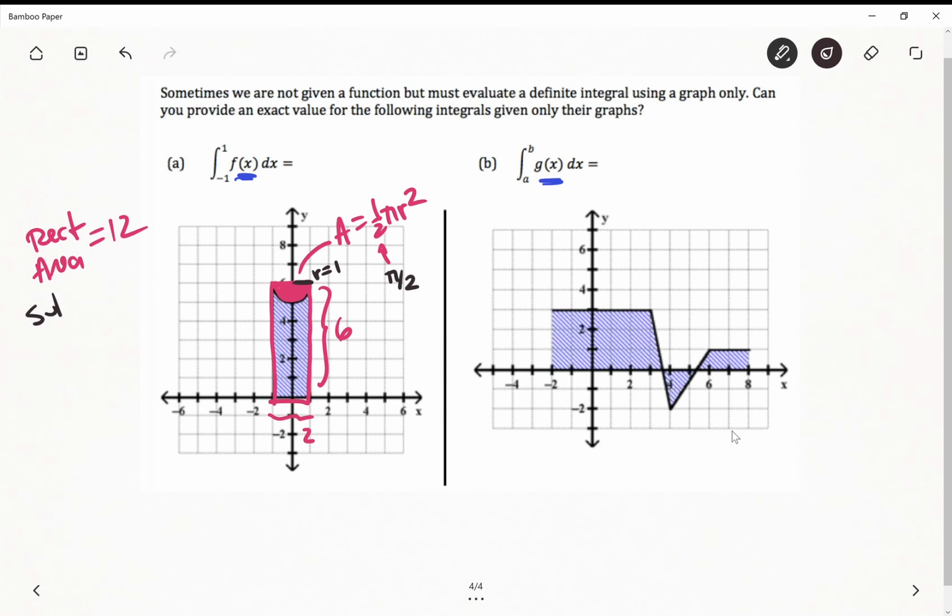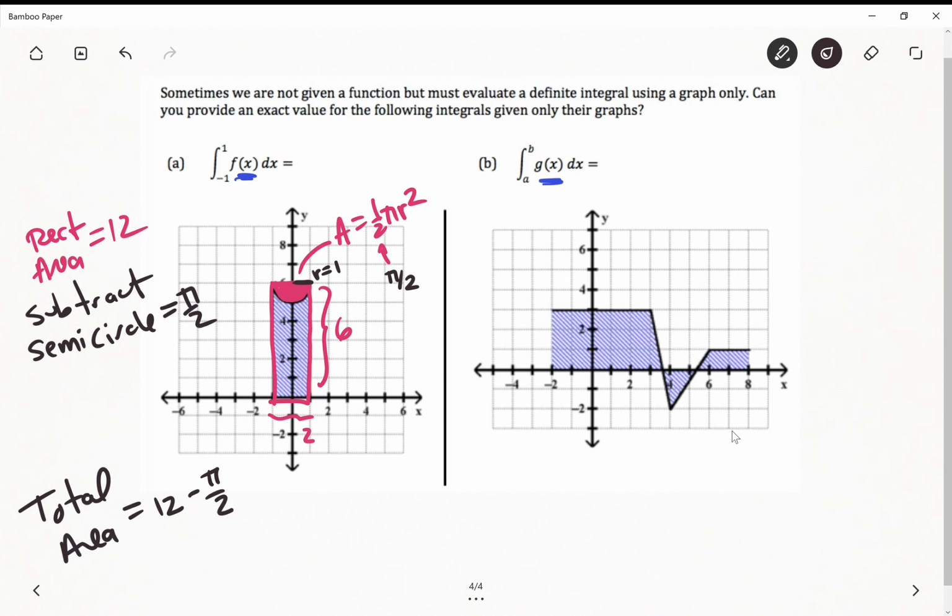So we're going to subtract the semicircle, equal to pi over 2. So the total area equals 12 minus pi over 2. That's the exact answer. You can plug into a calculator to get a decimal approximation.